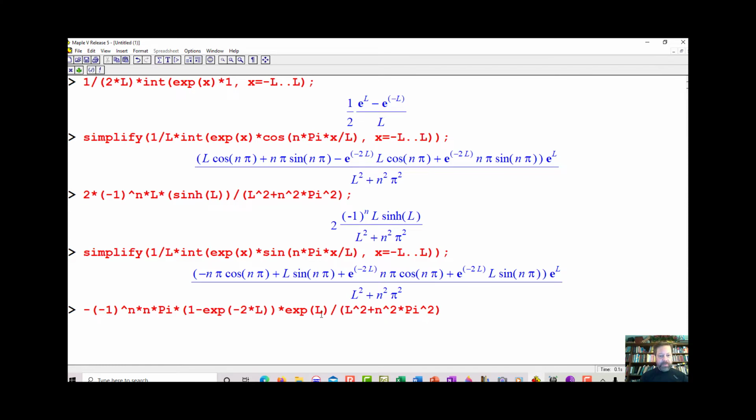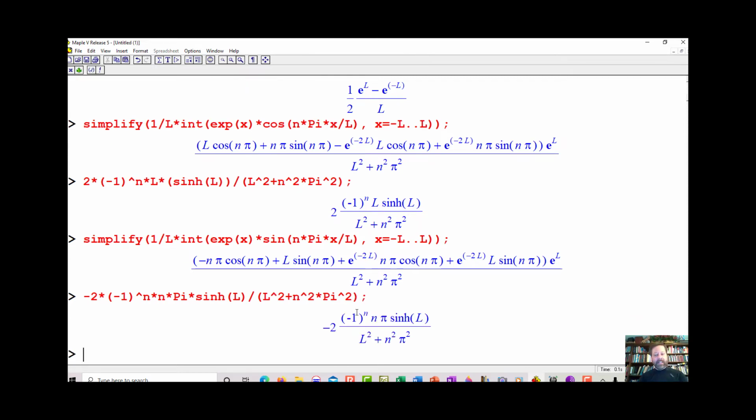When we distribute, we'll have the numerator for a hyperbolic sine again. We'll have to pay a price of multiplying by 2 and dividing by 2 to end up with a hyperbolic sine, like that. So we have all of our coefficients now for our function.